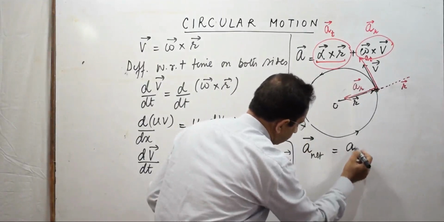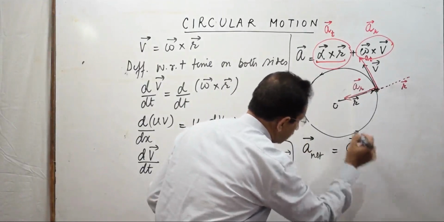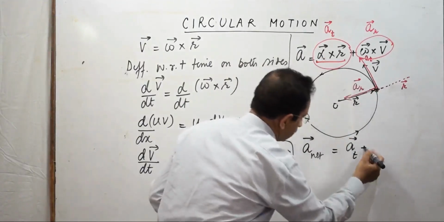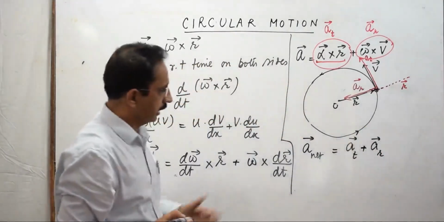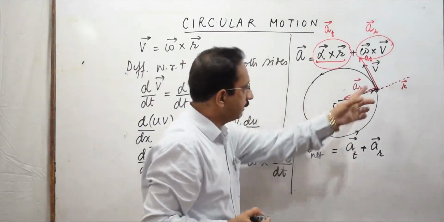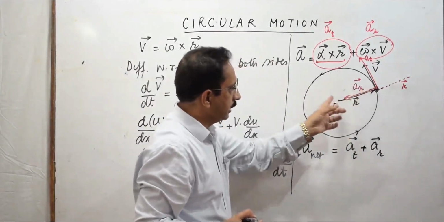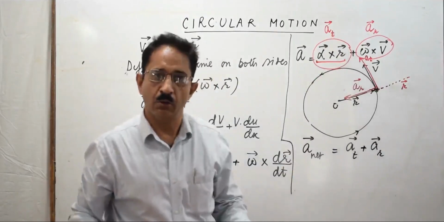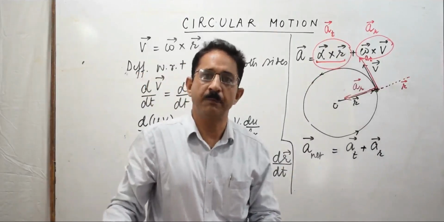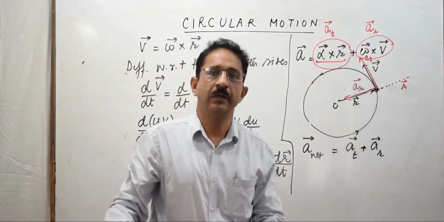It is the vector sum of two accelerations. One of them is tangential acceleration and the other is radial acceleration. And these two are actually perpendicular to each other. एक radius पर lie कर रहा है और दूसरा tangent पर lie कर रहा है. और you know that tangent is always perpendicular to the radius.